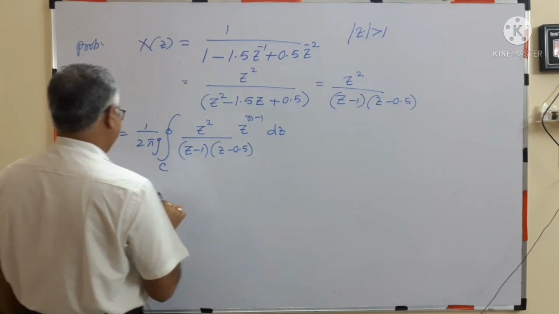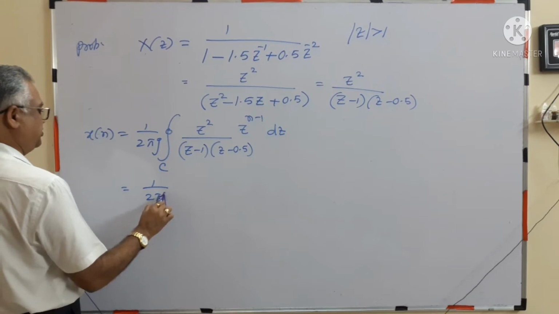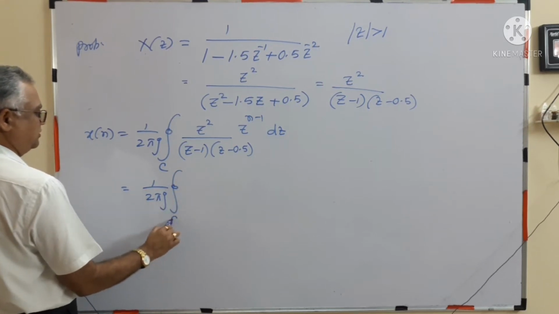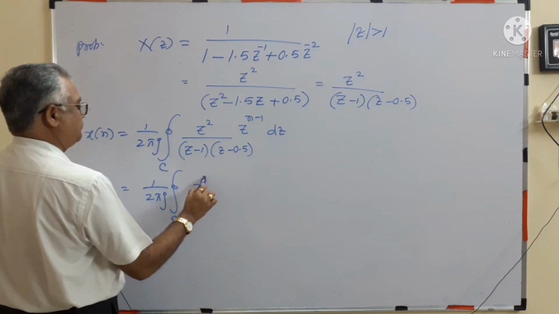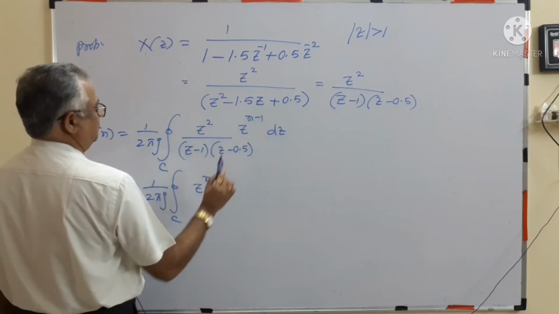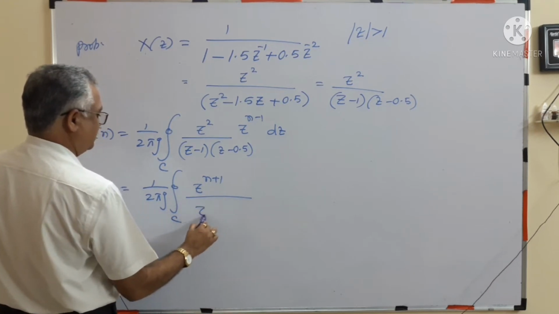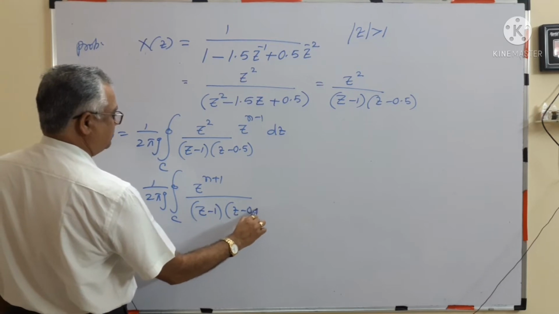If you simplify, 1 by 2 pi j integral, here z power n plus 1 by z minus 1, z minus 0.5.